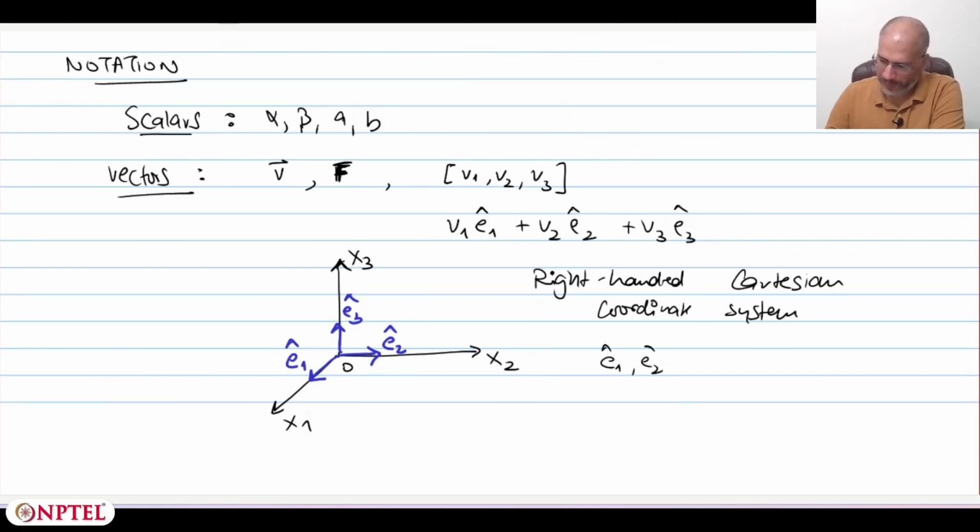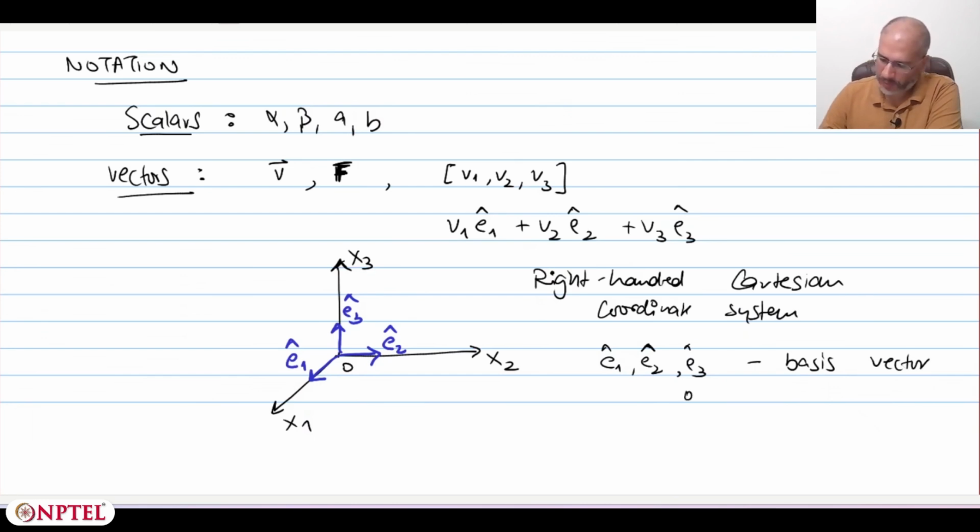So E1, E2 and E3 are unit vectors, or they're also sometimes called the basis vectors. And these basis vectors, as you may recall from the course on linear algebra, are orthonormal.